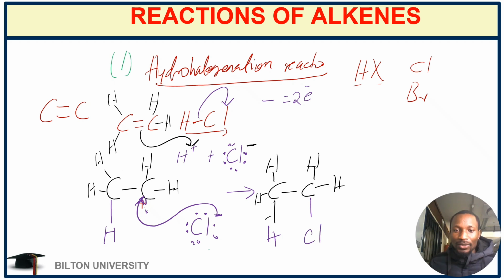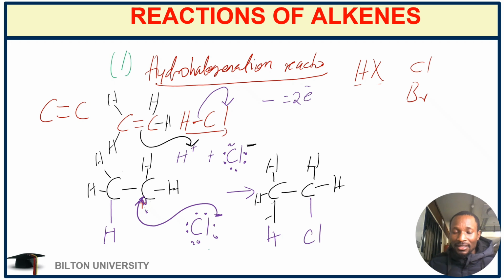Now there are things that you need to know in hydrohalogenation. In this case, you find that the chlorine is adding to this carbon. Why? Because the second carbon has only hydrogens. Sometimes, if this carbon is substituted, then we look at the behavior of hydrohalogenations.